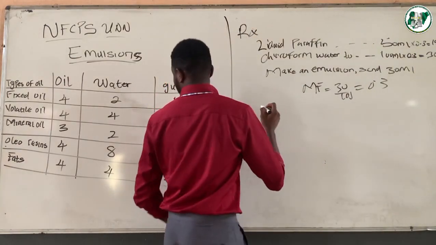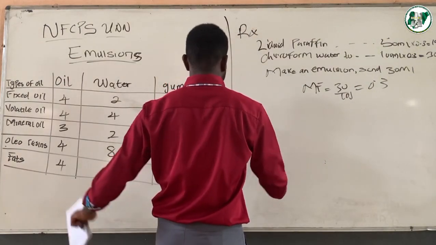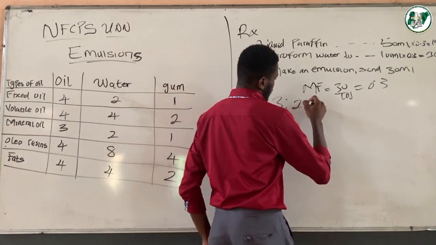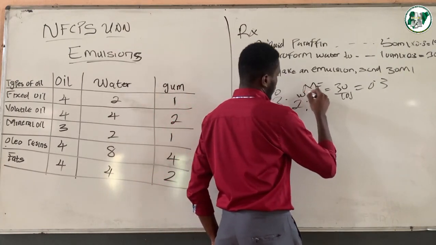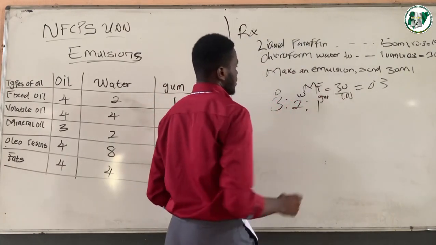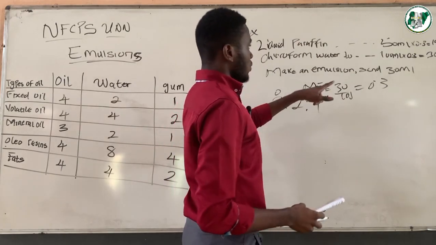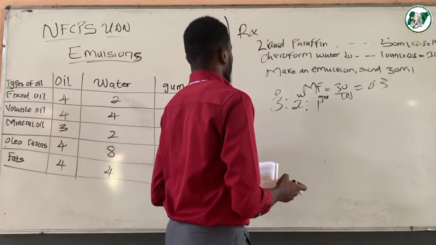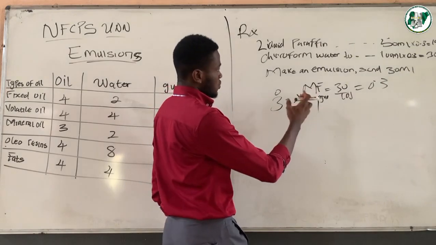So we're using a ratio for mineral oil 3:1, oil, water, gum. We've gotten the measurement of our oil, which is 15 ml. So we're trying to get the measurement of our water to use here.